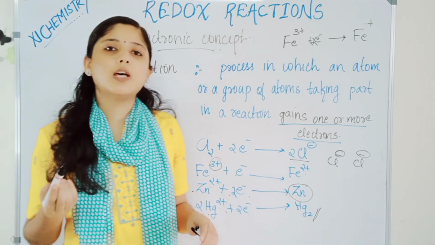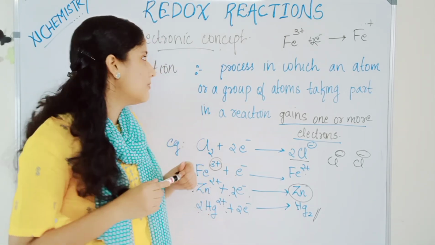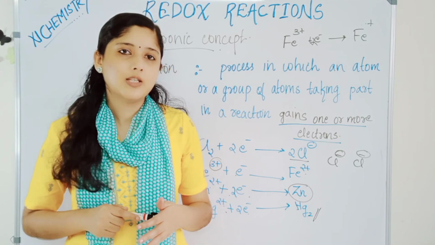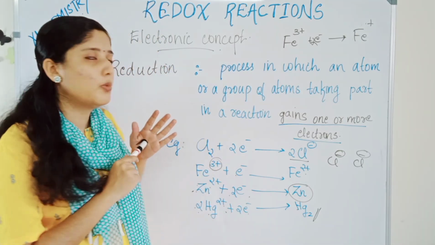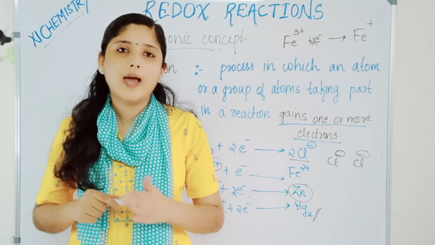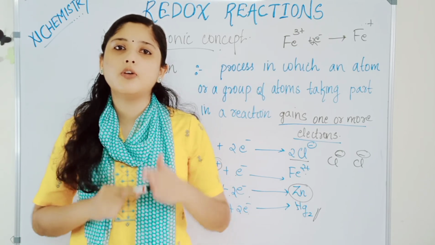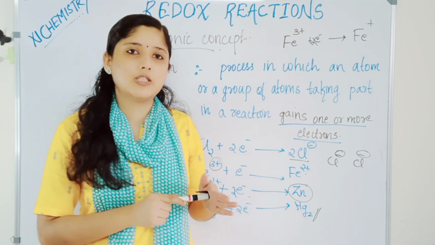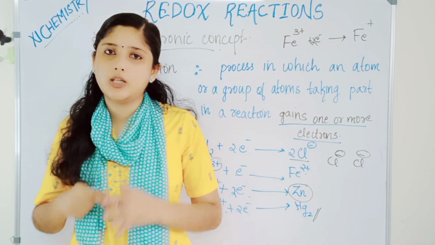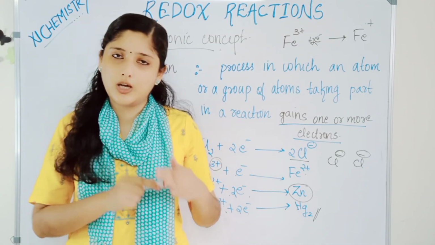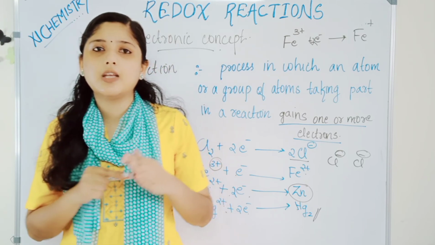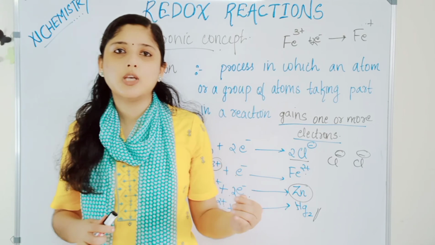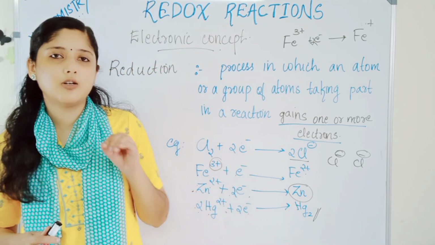When electrons are added to an atom or a group of atoms, it is called a reduction reaction. This is the electronic concept of both oxidation and reduction: gaining of electrons and losing of electrons. When both these reactions combine together, we call them a redox reaction. That means in a reaction there will be both gaining and losing of electrons. That is redox.